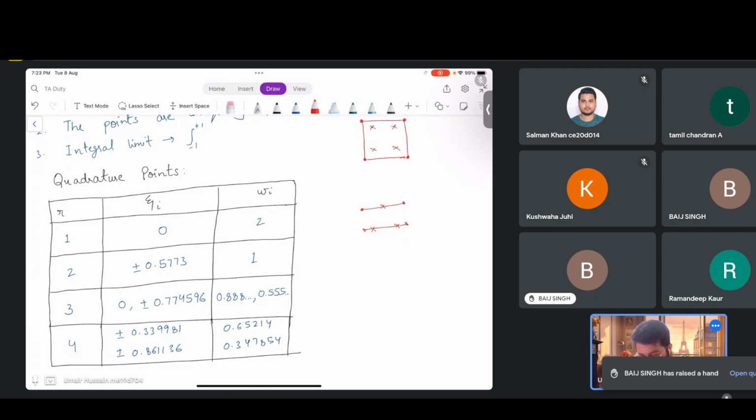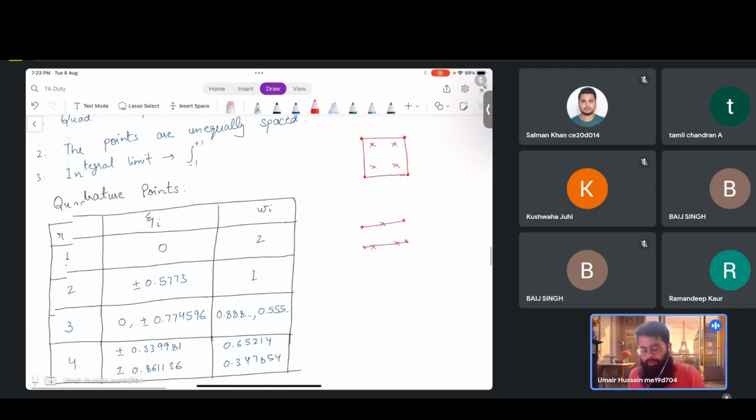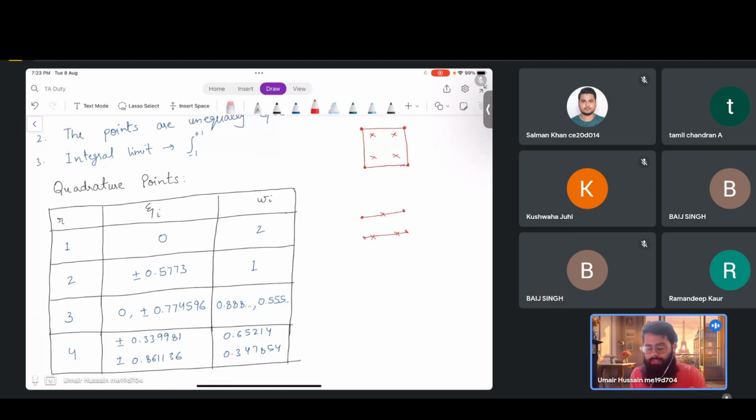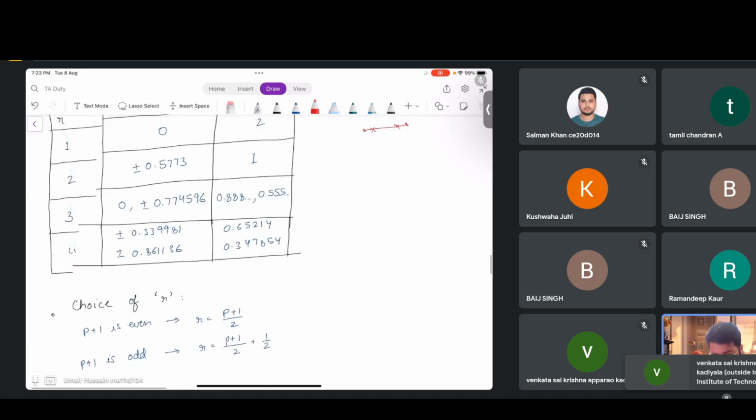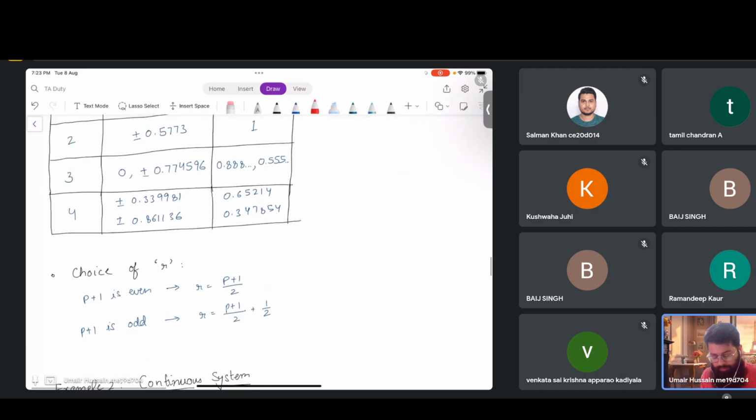Depending on the type of function that we are going to integrate, we can determine the number of points, and the higher the number of points, the more accurate the result we'll get in terms of integration. So this is the formula to determine the number of points.